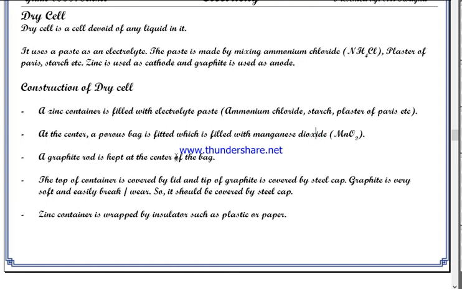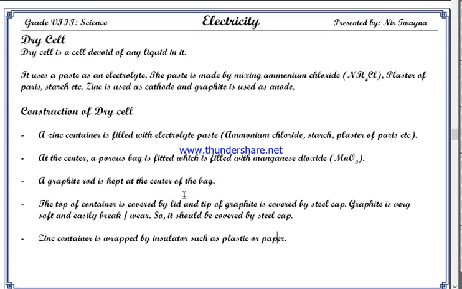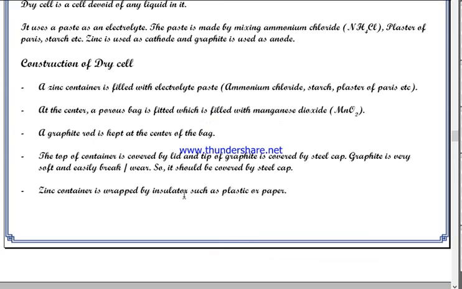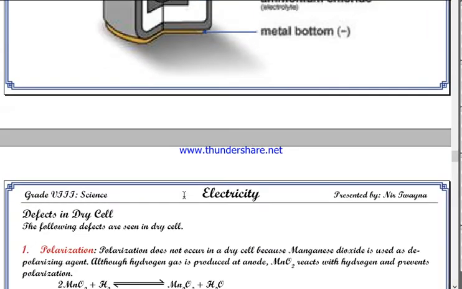A graphite rod is kept at the center of the bag. The top of the container is covered by lead and the tip of graphite is covered by a steel cap. Graphite is very soft and easily breaks or wears, so it should be covered by a steel cap. The zinc container is wrapped by an insulator such as plastic or paper. Any confusion? Okay, let us go to the next part then.